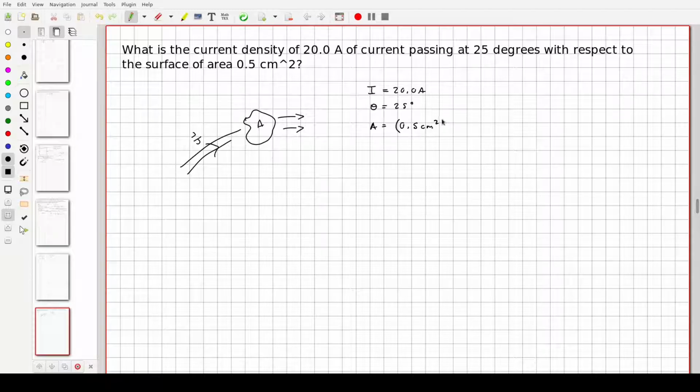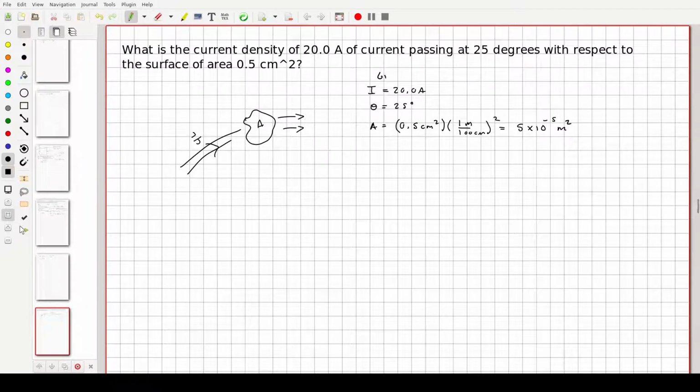We're going to need to convert this to square meters, noting the fact that, for every 1 meter, you have 100 centimeters. So this would be the same thing as 5 times 10 to the minus fifth meters squared.